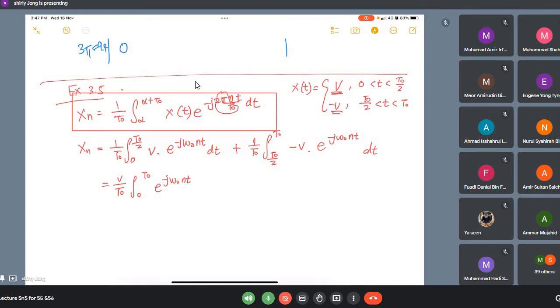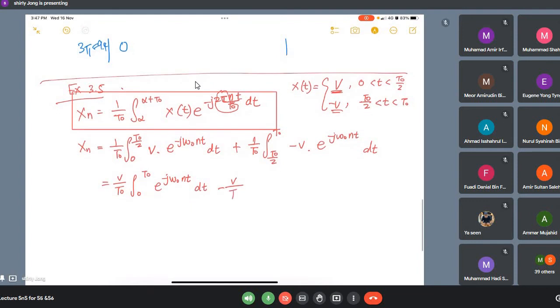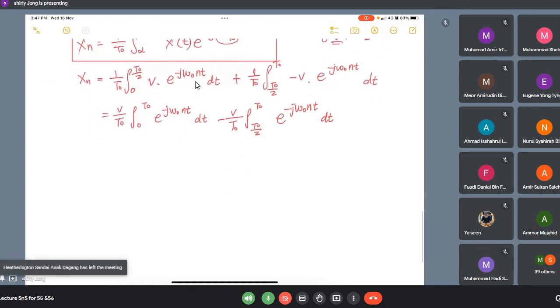I try to write it step by step so that you can understand better. So this one is T naught over 2 to T naught. Then you obtain exponent minus j omega naught n t, dt. Alright, so after this is integration, right? So you need to integrate.